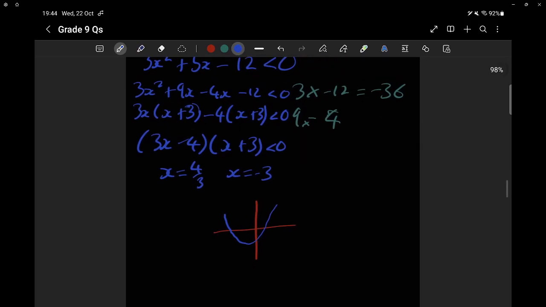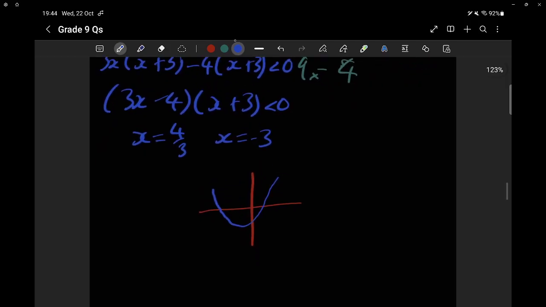The intercept would be negative 12, but we're not too worried about that for this question. So 4/3 there, and negative 3 there. And again, it's less than 0, so it's going to be under this curve here. And if we were to write it as our inequality, x is less than 4/3 and greater than negative 3. So we have our two inequalities.